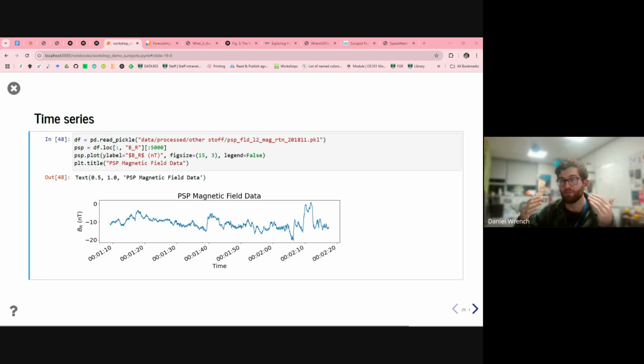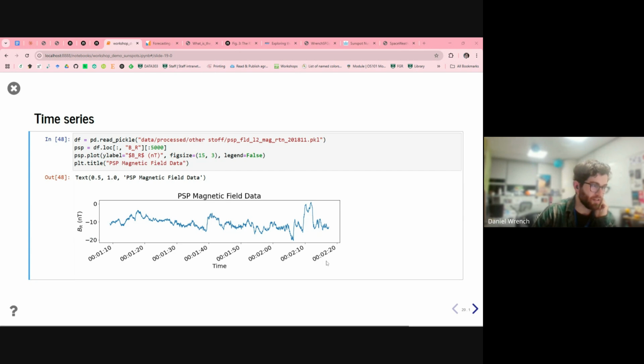You also have fast and slow wind interacting with each other, so you get interaction regions there. So there are various reasons why you can get more abrupt changes in magnetic field strength. Typically we won't just look at one component, we look at all three XYZ components and the magnitude, and that lets us figure out much more clearly what might be causing a change.